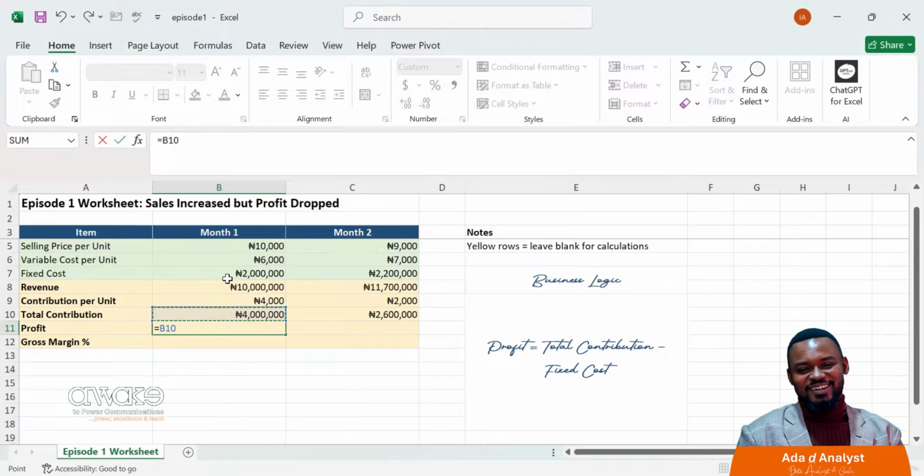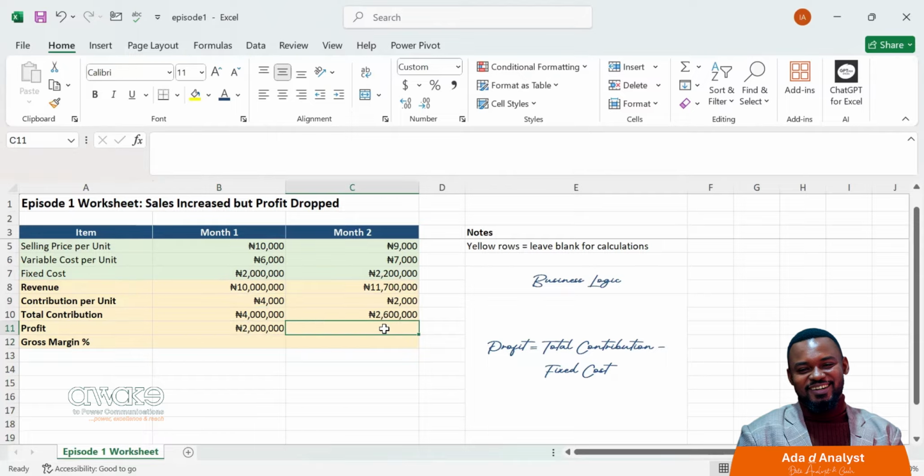Total contribution minus fixed costs here will give us our profit. Let's do the same here. We'll say equals total contribution minus what? Our fixed costs. Okay, so we'll now have our profit here.